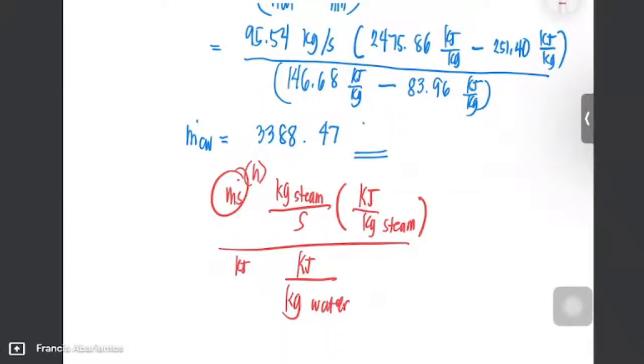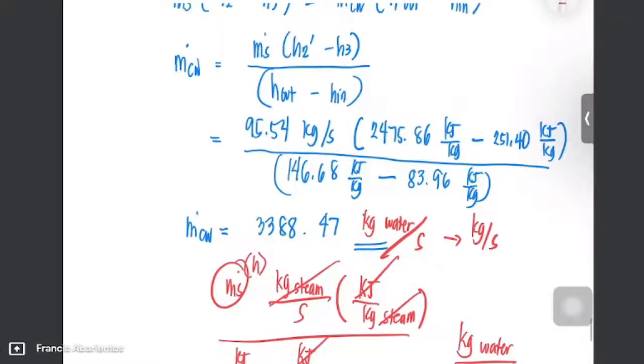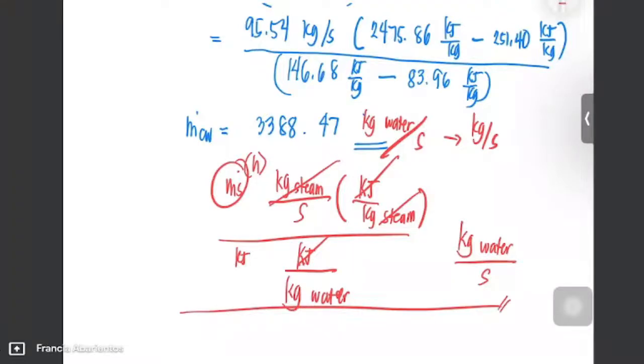Okay. Kakancel yung kilogram of steam mo. Cancel yung kilojoule. So, matitira na is yung kilogram of water per second. So, yung unit natin dito is kilogram of water per seconds. That is just in kilograms. Okay? Naintindihan ba? So, this is the actual Rankine cycle.